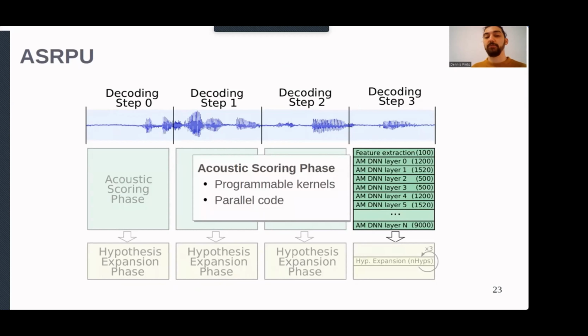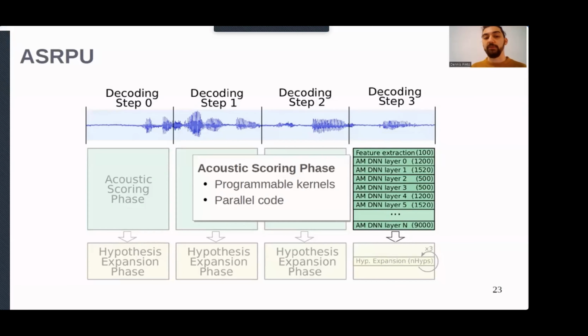Each kernel is written with parallel code to leverage the abundant parallelism present in these algorithms. As we will see in a few minutes, kernels are executed one after the other in a sequential manner. But during the execution of a kernel, the accelerator executes several instances of the kernel in parallel as independent threads.